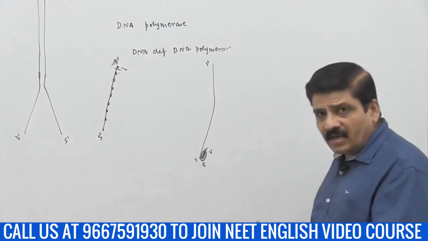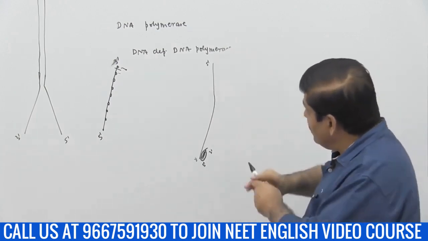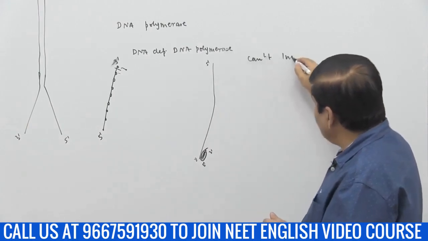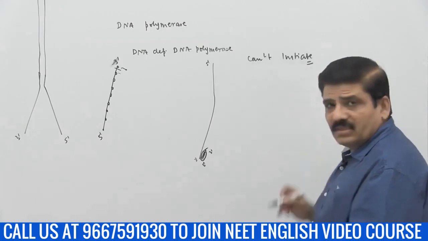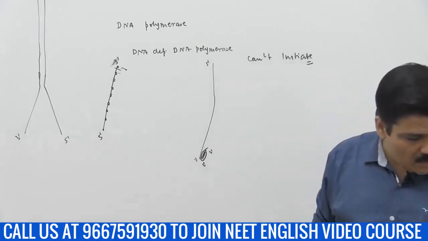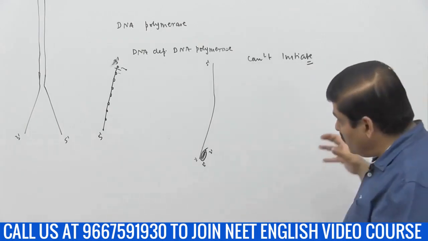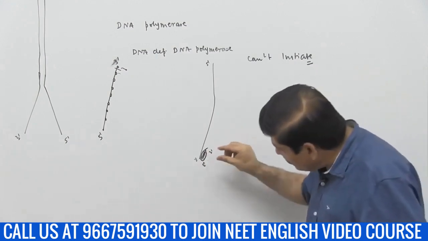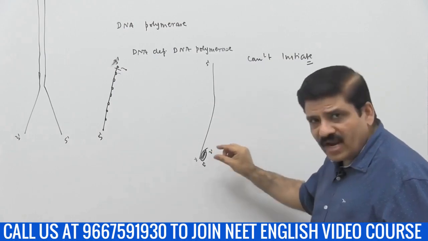So let us repeat it again. These enzymes cannot initiate the process. That means the initial deoxyribonucleotides cannot be joined by them. They require at least a short strand.